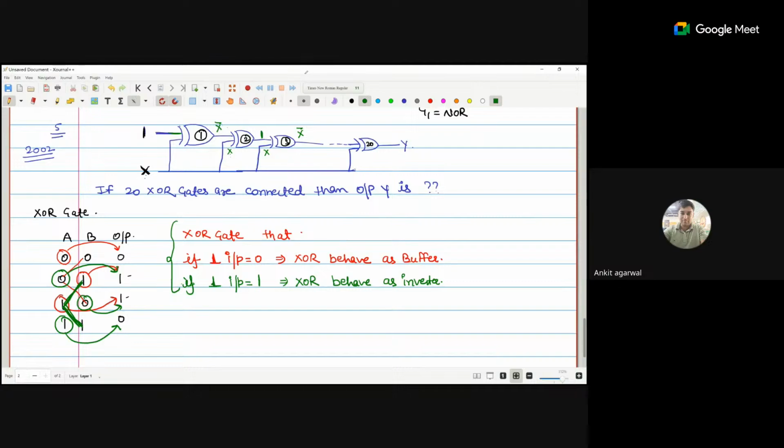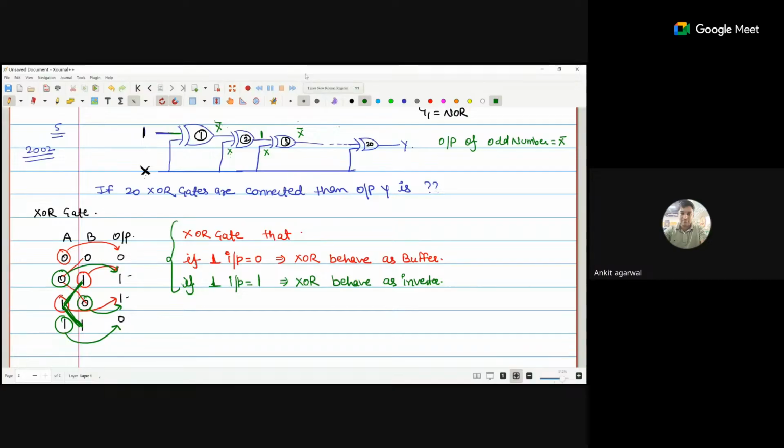So you saw the pattern: the output of an odd number is X bar. First, third, fifth, seventh, ninth, 11th, 13th.